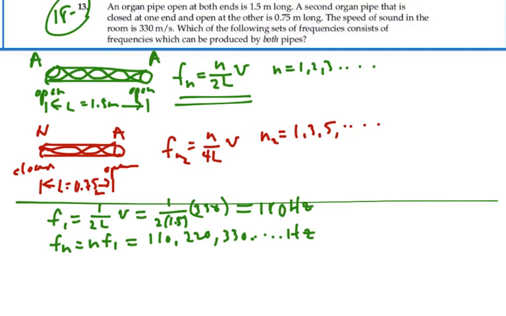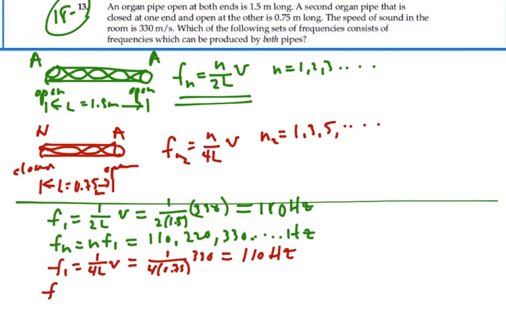For the closed end, open end pipe, our fundamental is 1 over 4L times the velocity of sound. In this case, that's 1 over 4 times 0.75 times 330, which is also 110 hertz.